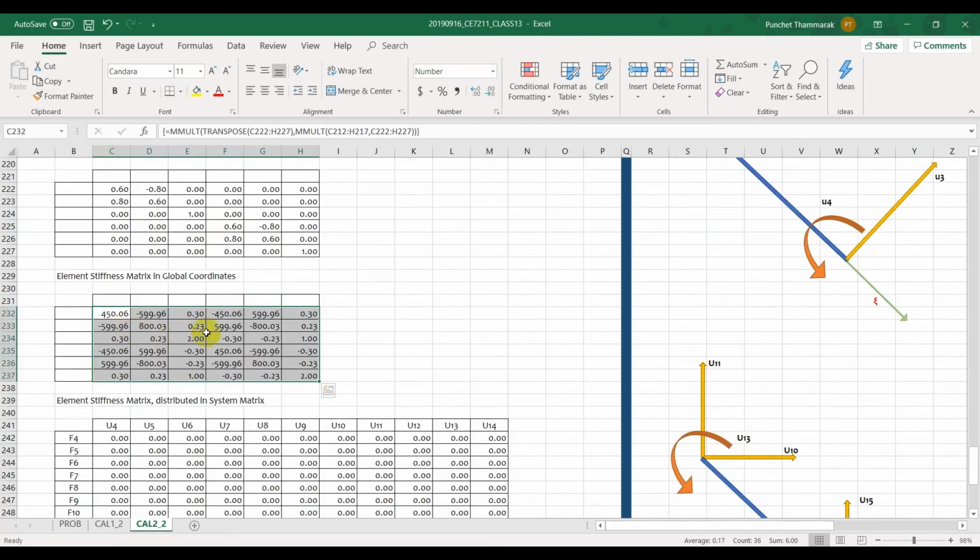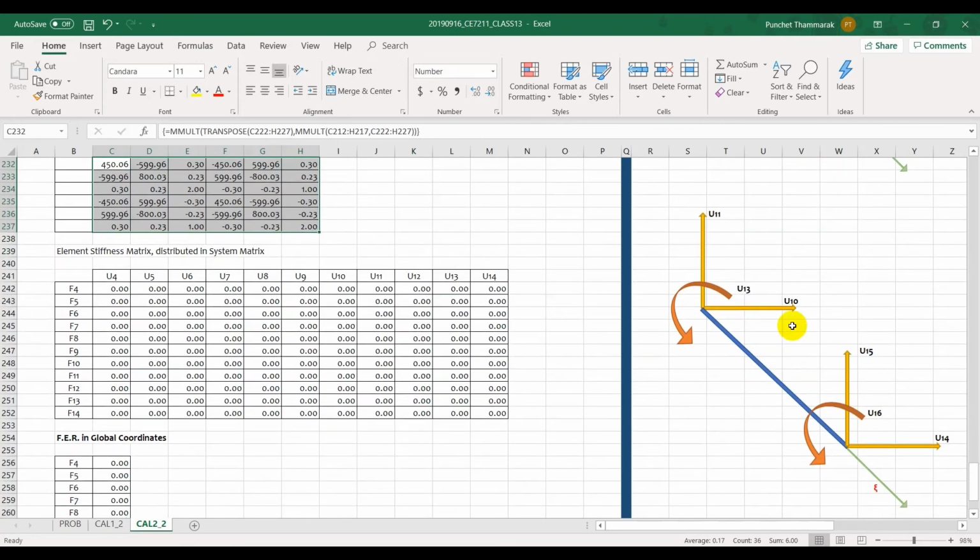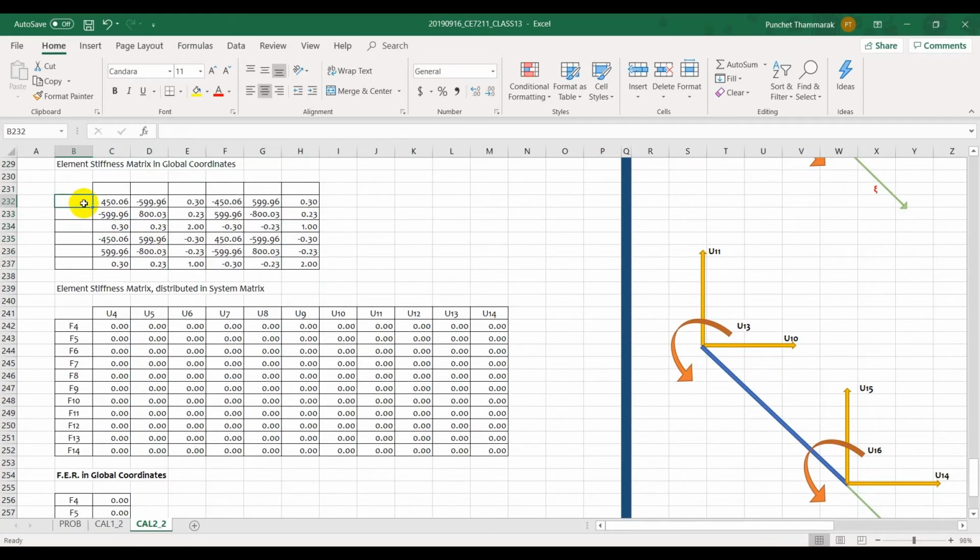Okay. So in global coordinates, you have this degree of freedom set up F10, F11, and F13, F14, F15, F16. This is U10, U11, U13, 14, 15, 16.